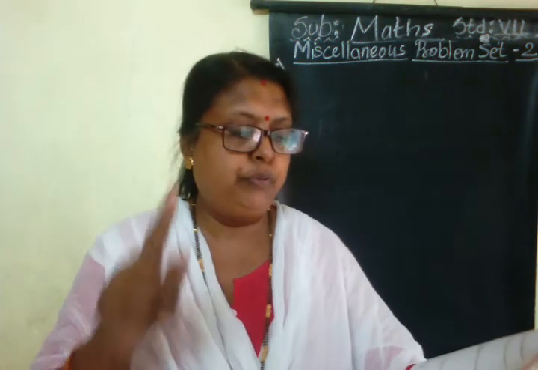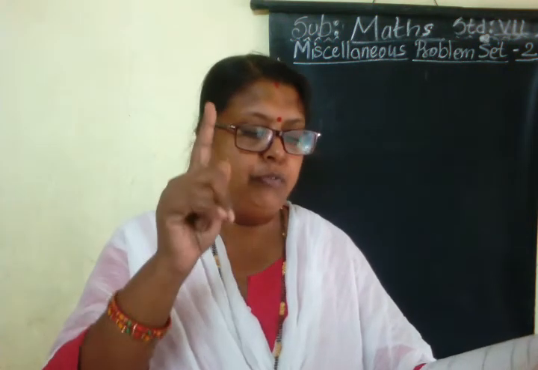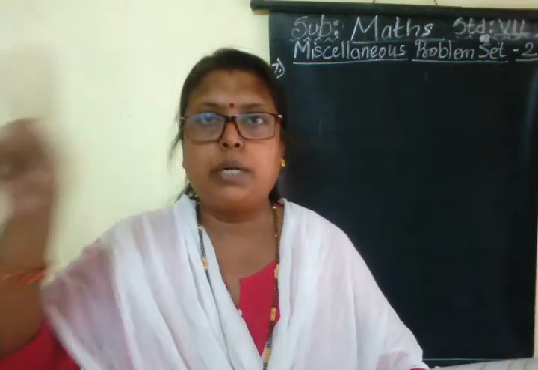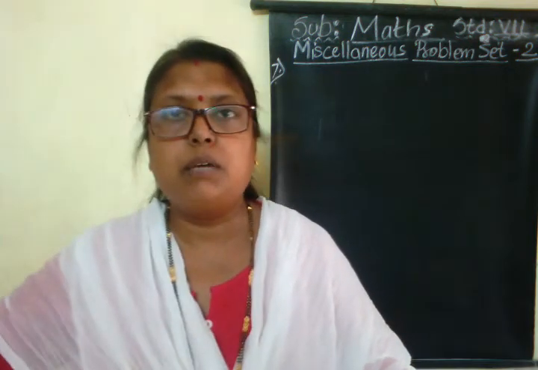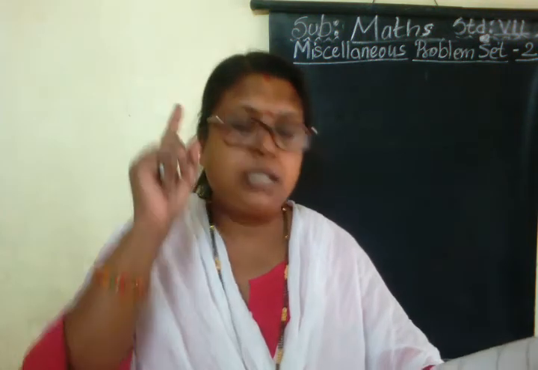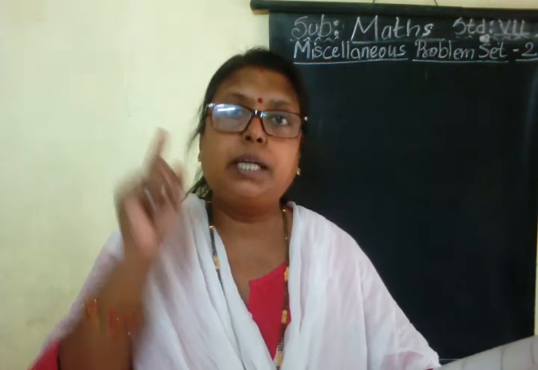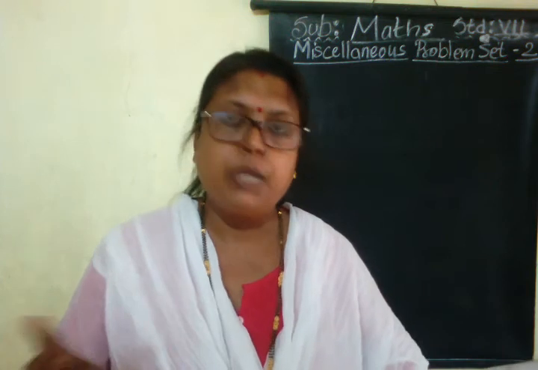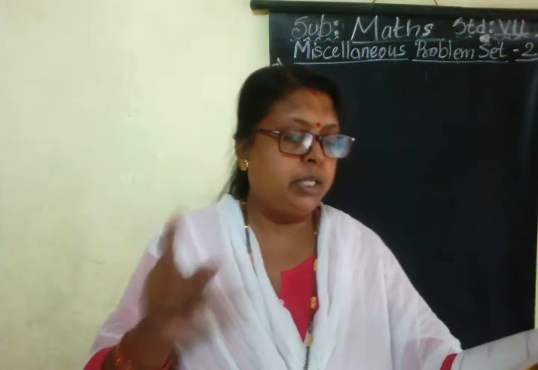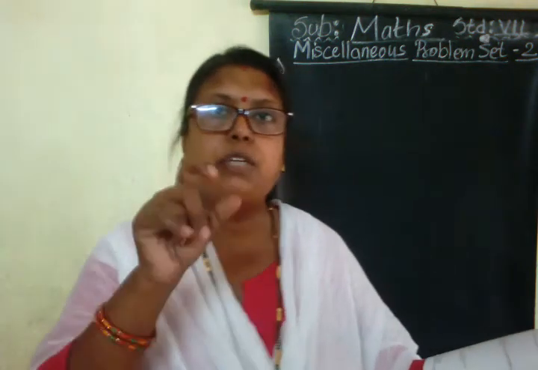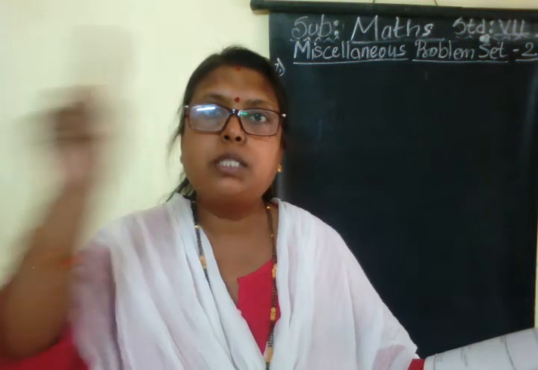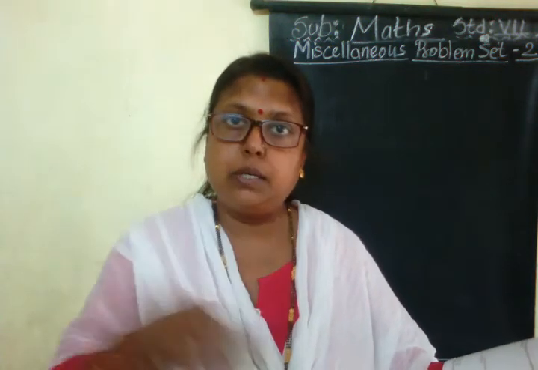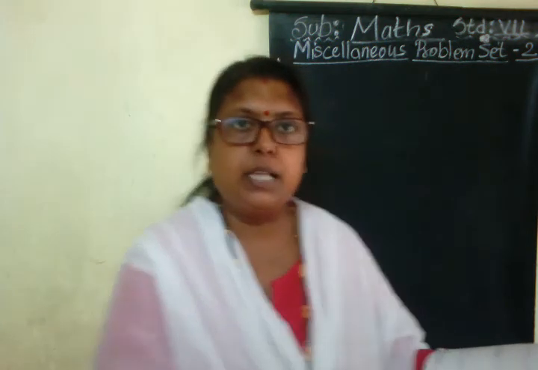So we have to find that in 1000 rotations, means 1000 times the wheel rotates, how much distance it covers if the diameter of the wheel is 1.05 meter. So the distance covered in one rotation will be equal to the circumference of the wheel, because it is circular in shape. So write the answer along with me.